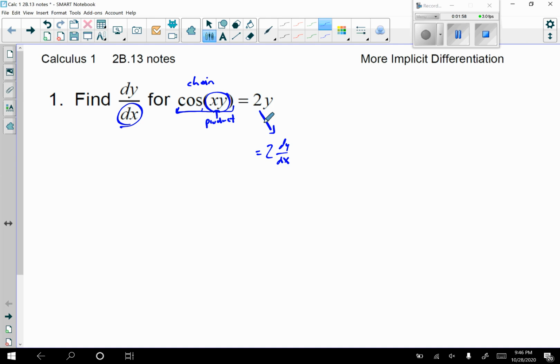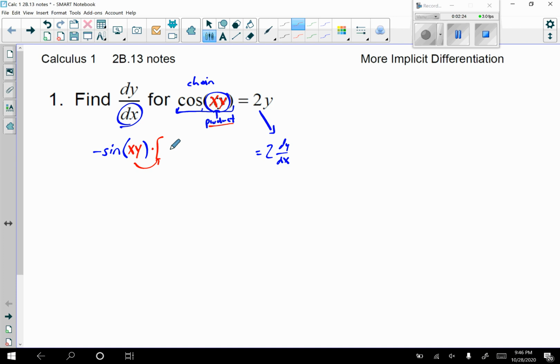Well, let's see. Trig function before angle. So I'm going to start way over here and say cosine gives us negative sine of, we can do this with colors here, inside xy, keep it the same, xy, multiplied by the derivative of the inside. That derivative is a product rule, so I'm going to put it in its own little brackets here.